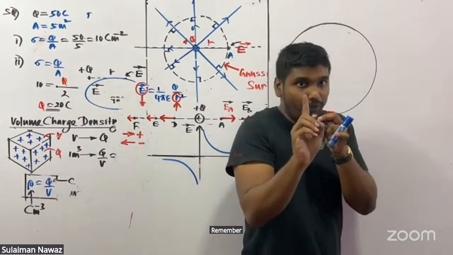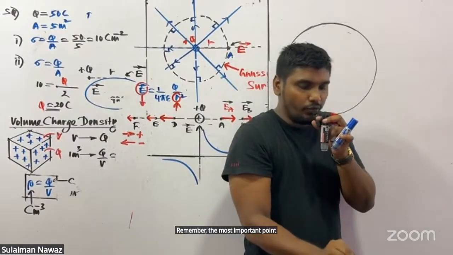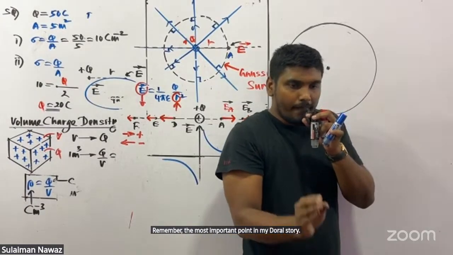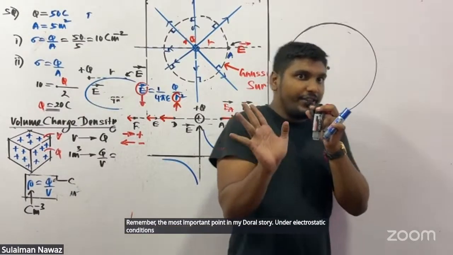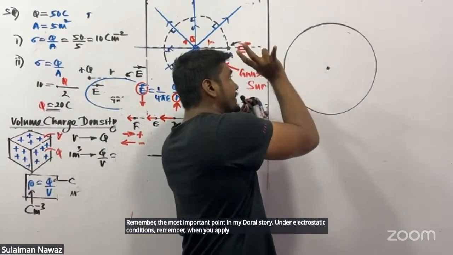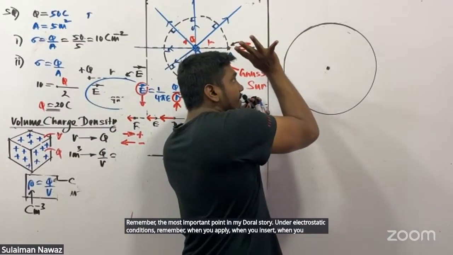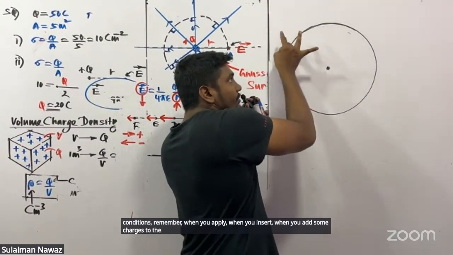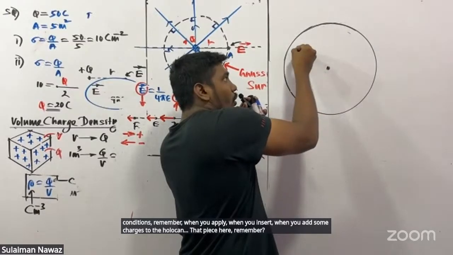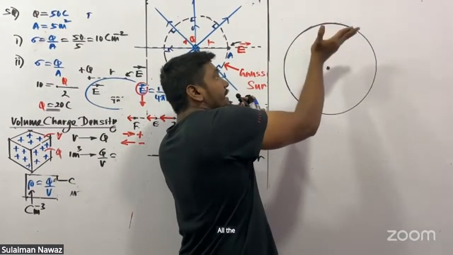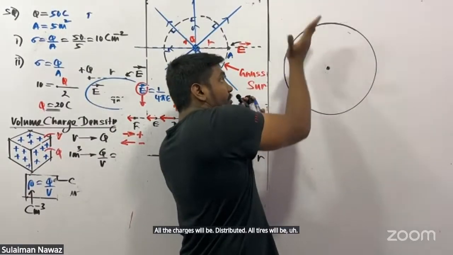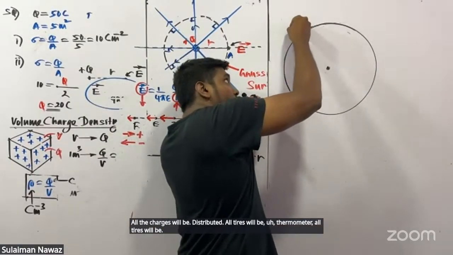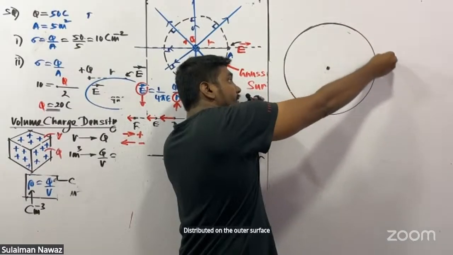The most important point: under electrostatic conditions, when you add some charges to the hollow conductive sphere, all the charges will be distributed on the outer surface of this conductive sphere.